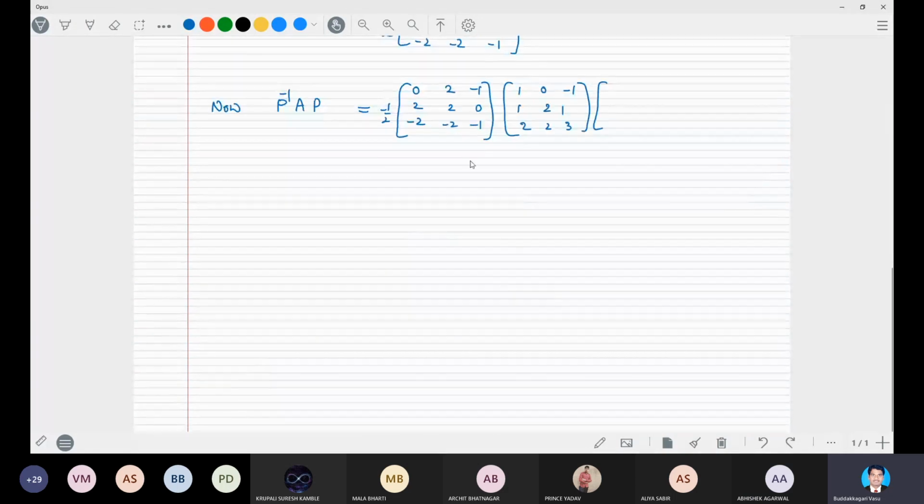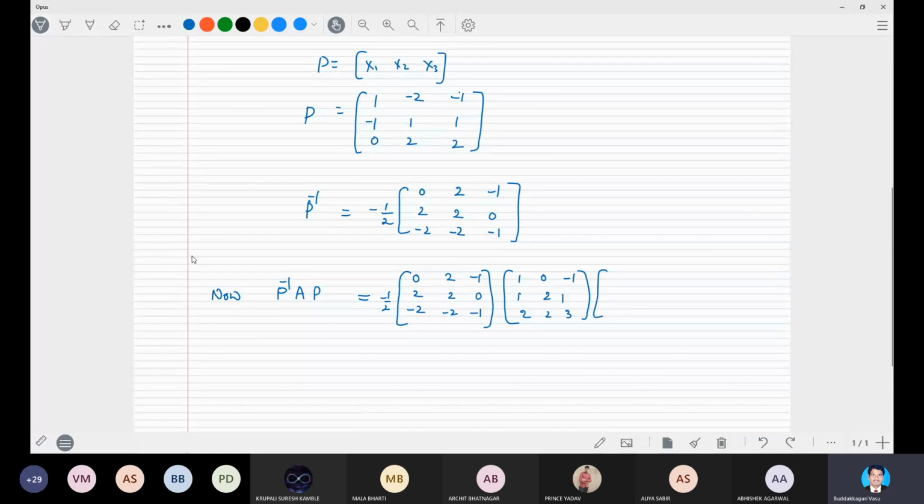P inverse A P. P matrix is this one: 1, minus 2, minus 1, minus 1, 1, 1, 0, 2, 2.